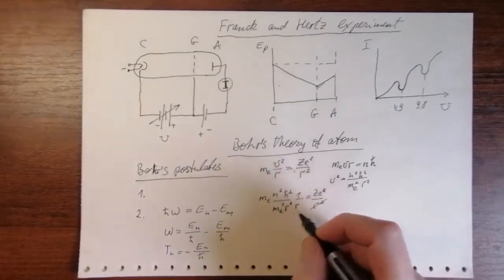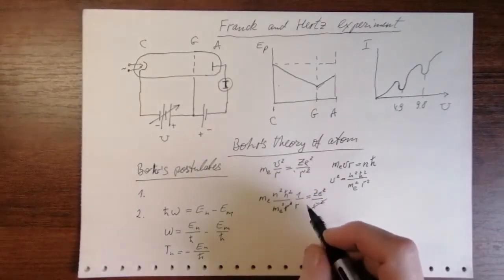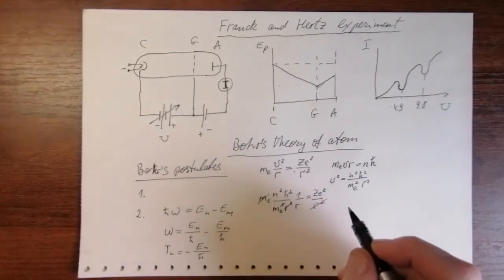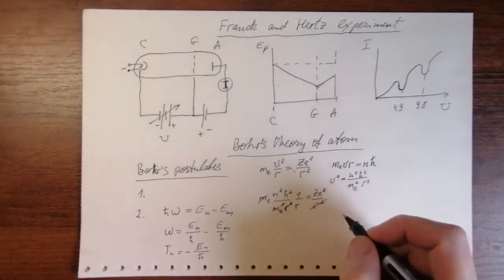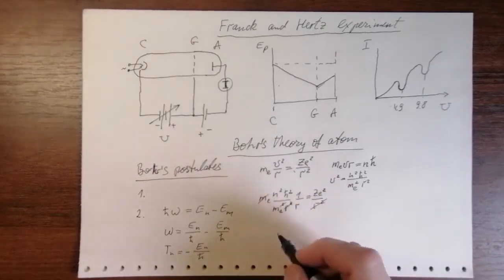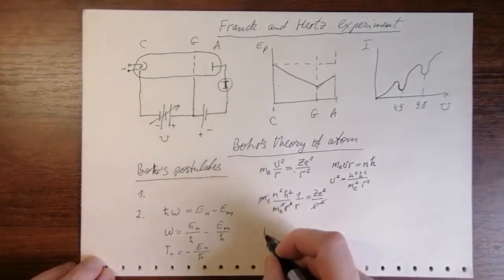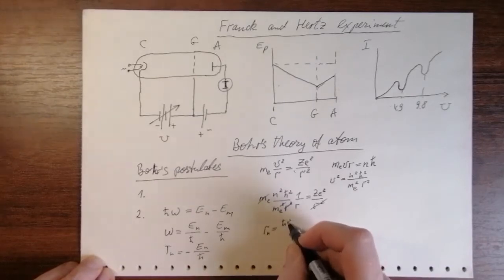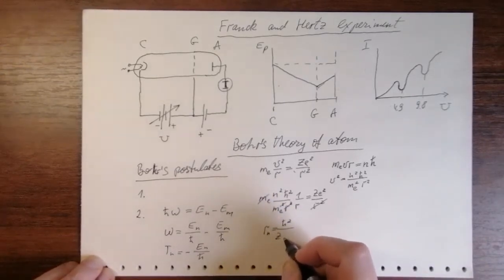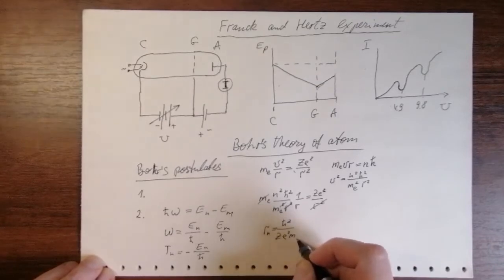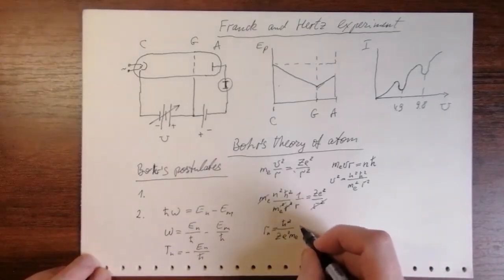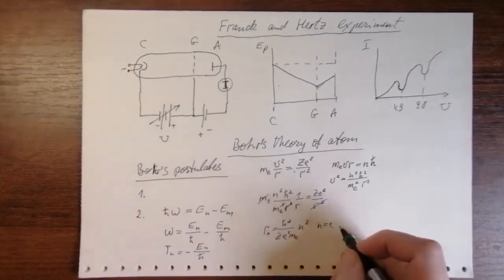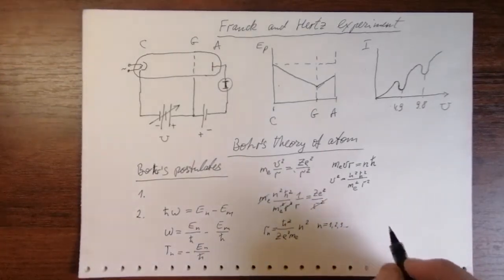Now we have r squared cancelled. Here me and square cancelled, from which we obtain that Rn is h squared over z e squared me, times n squared, where n is 1, 2, 3 and so on.